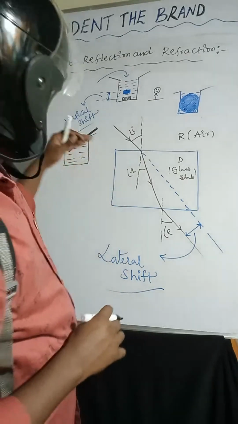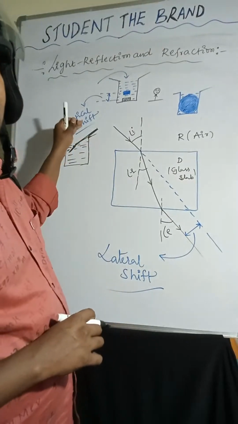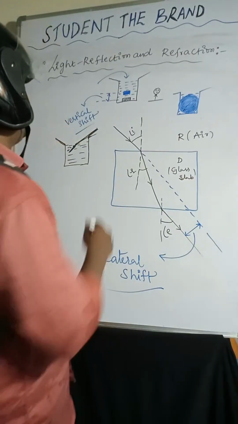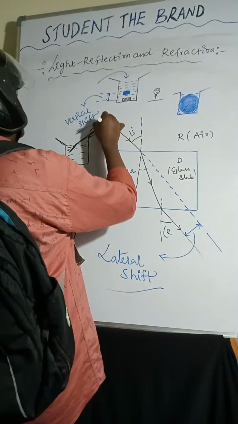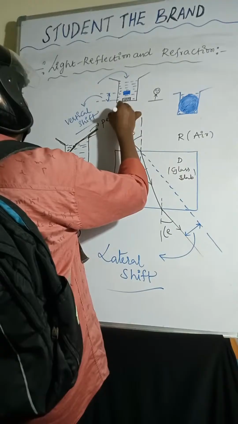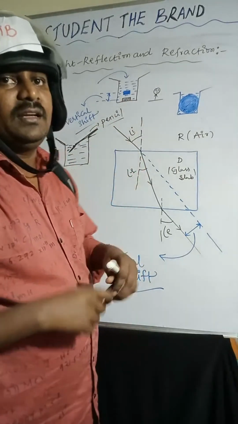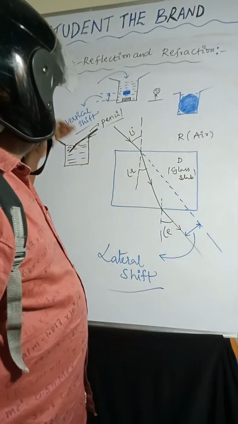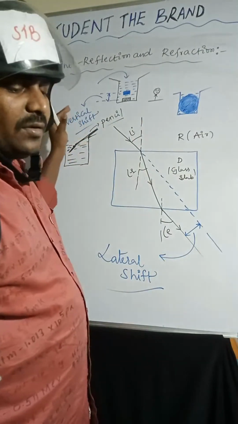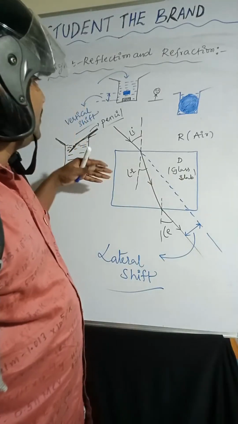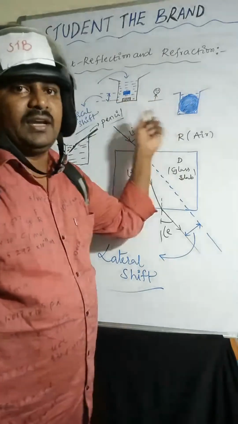At the interface between water and air, the pencil appears to be bent. So this is about refraction. These three examples we can take.